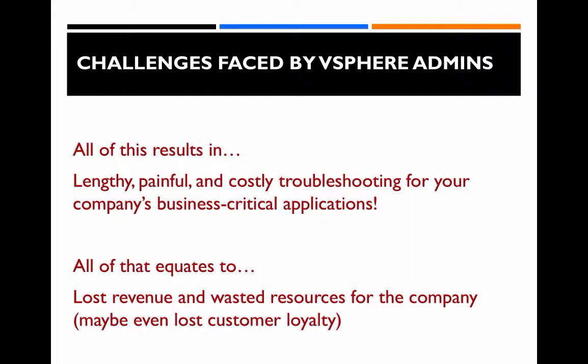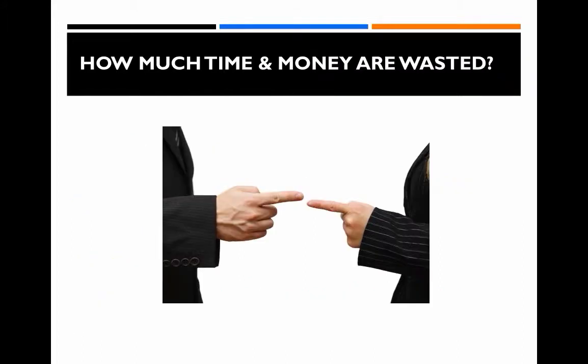most business critical applications. And that equates to downtime, slow application performance, unhappy users, makes the IT group look bad, makes us as vSphere administrators look bad. And for the company, it equates to real dollar revenue lost in many cases. If you have, say, a point of sale system or a transaction system or an online e-commerce system, if those applications are running slow or they're down, you've lost real business.